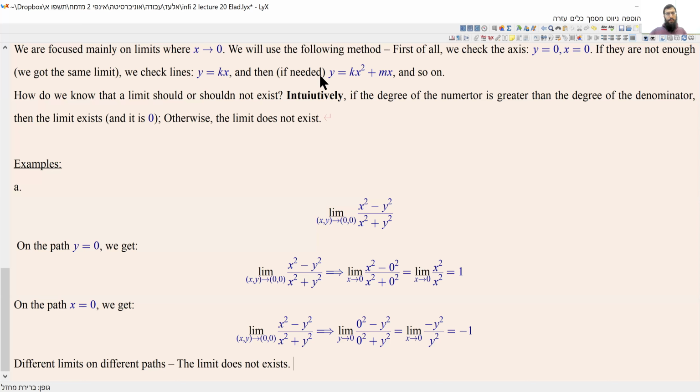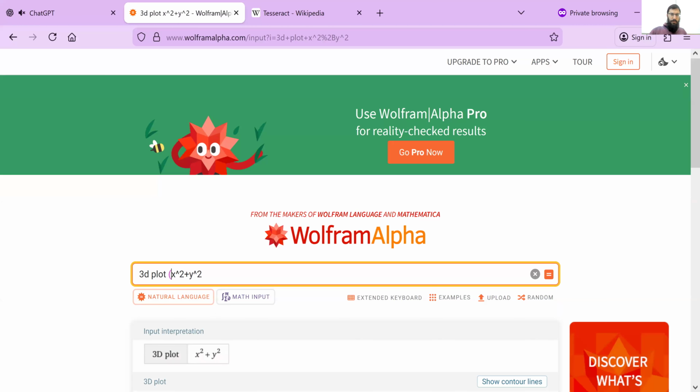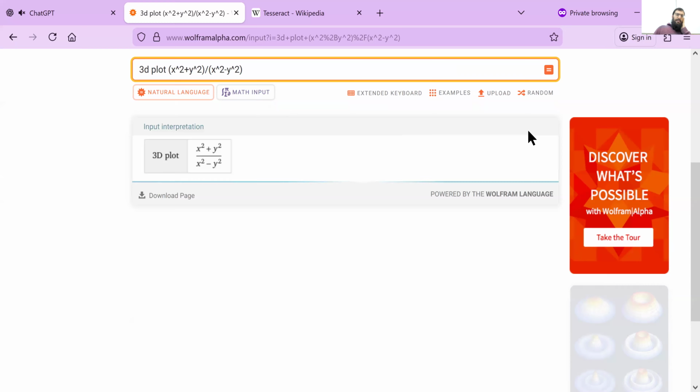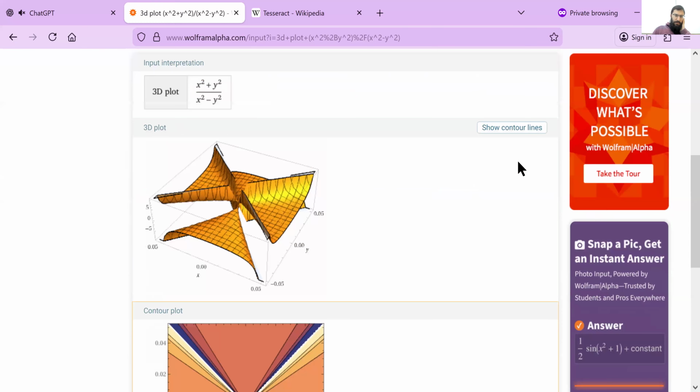One can plot this case using Wolfram or something. Let's ask it: Wolfram, why don't you plot us x squared plus y squared above x squared minus y squared? You can see that at 0, some shenanigans happen.